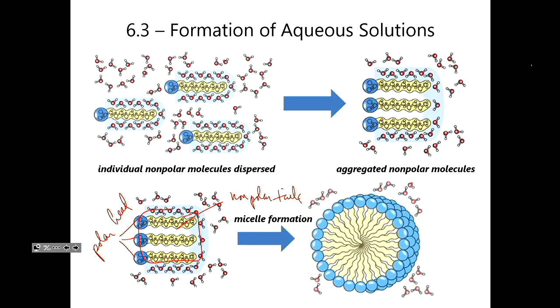It's a sphere that we call a micelle, and this is completely excluded from the water. The water stays outside, interacting with the polar blue heads, and there's a complete compartmentalization of the non-polar components from the polar components. So we'll talk about this in much more detail.